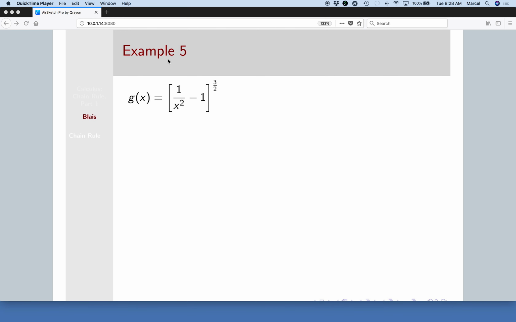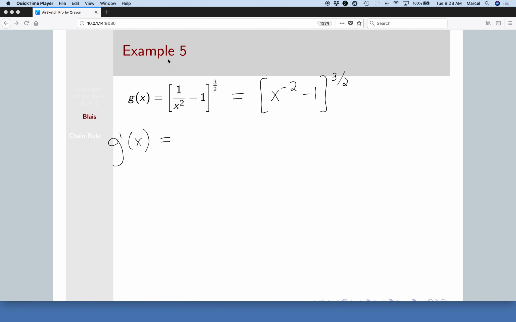Another example. Let's, again, rewrite this. With the inside is x to the minus 2 minus 1, all raised to the 3/2. So now we have a rational exponent. But this is fine. Our power rule works.